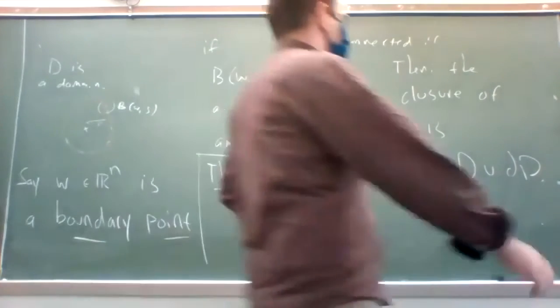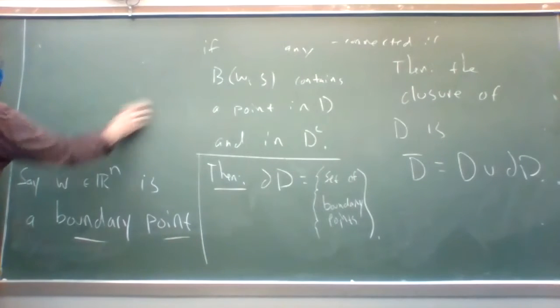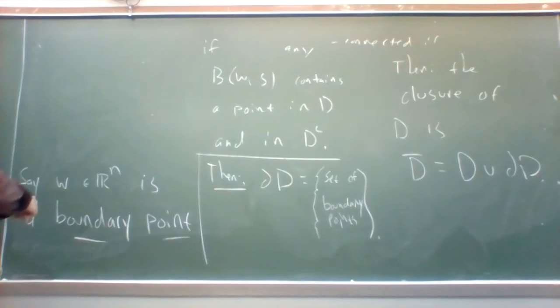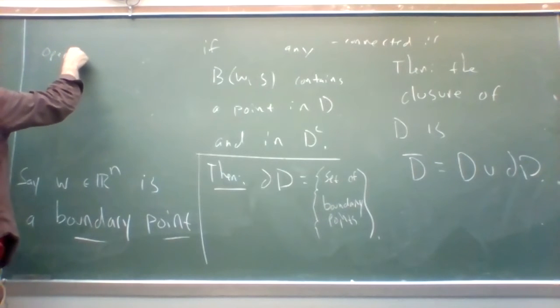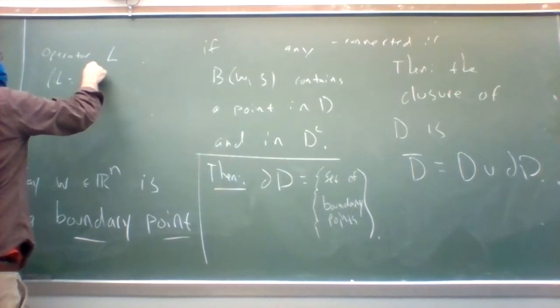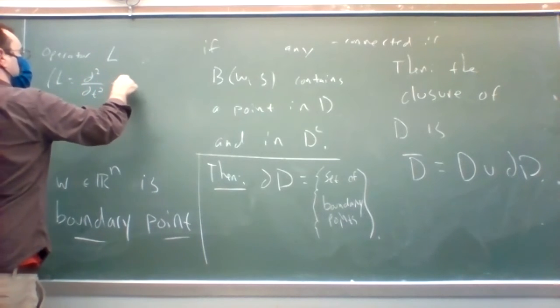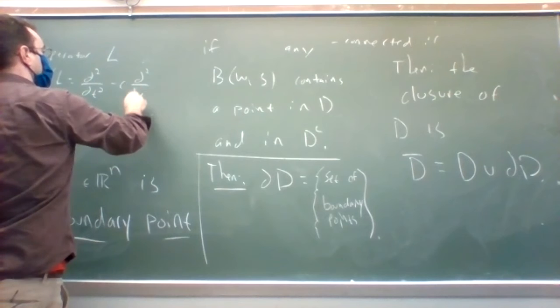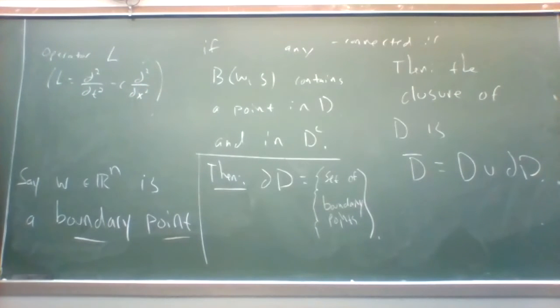Okay, and so the way you set up a PDE is you start with some operator, L, for instance, the wave equation. But it's not just L in the abstract.